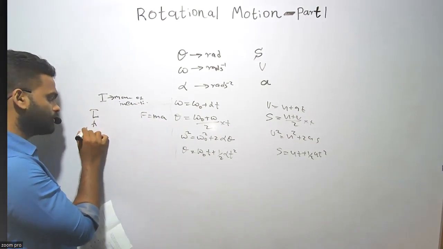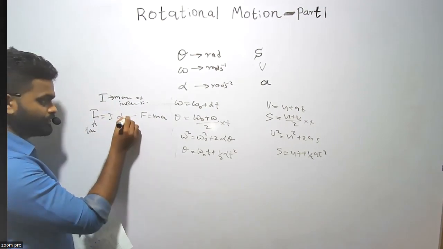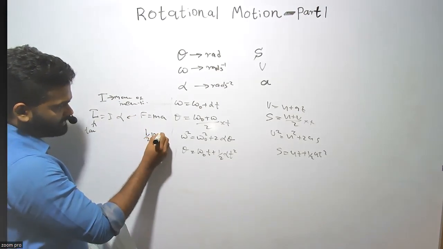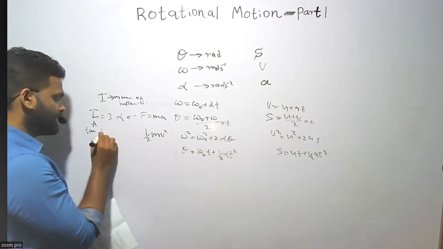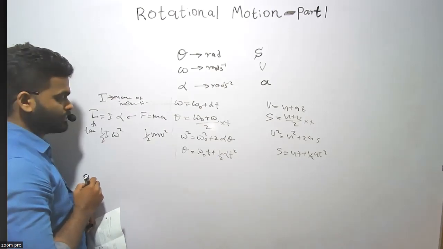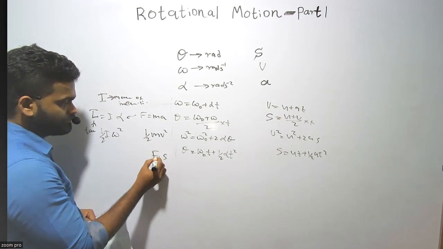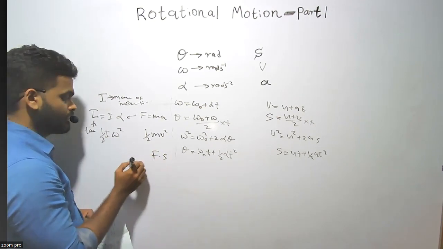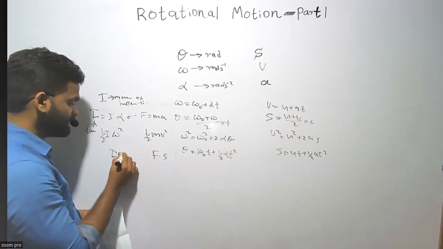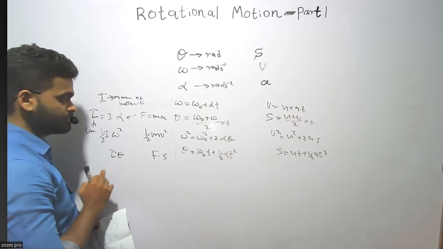Here you have torque equals I alpha, where alpha is angular acceleration. Then if you want, you can go for kinetic energy. For rotational kinetic energy, we have half I omega squared. Then for work, it is Fs. Instead of F, I can put tau. Instead of S, I can put theta. So tau theta. That is how we find rotational work.